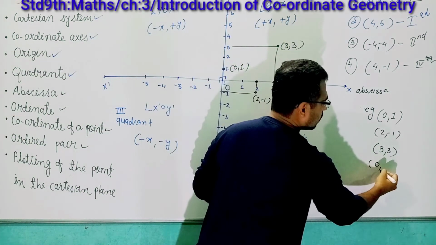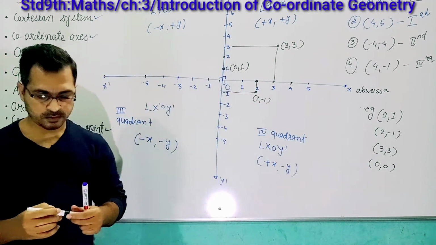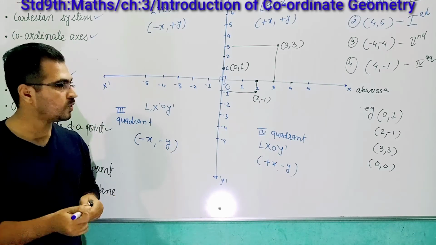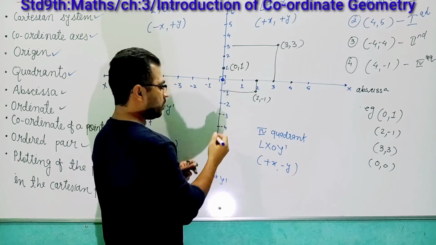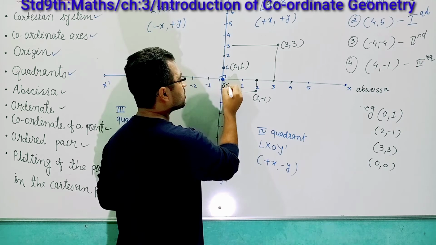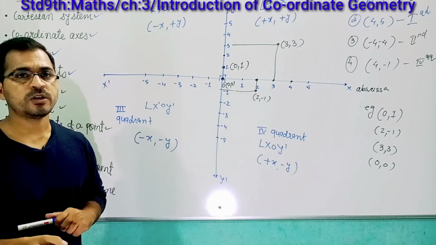Suppose you want to locate 0 and 0. 0 means x is 0 and y is 0. So that is what? Origin. The coordinate of the origin point is always 0, 0. Right student?